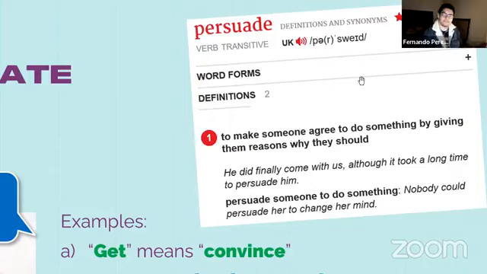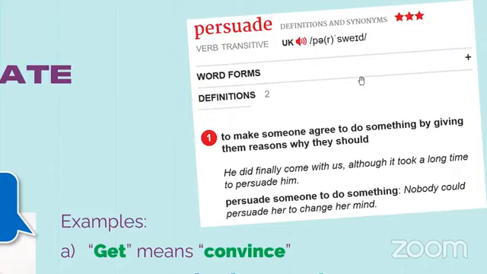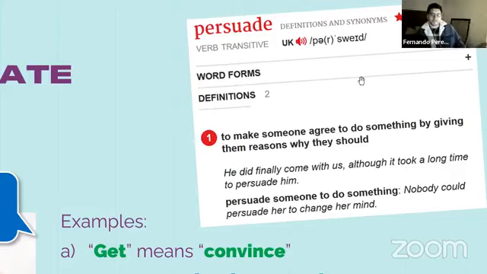Read examples. He did finally come with us, although it took a long time to persuade him. Correct. And persuade someone to do something. Nobody could persuade her to change her mind. So it's very similar to convince, right?